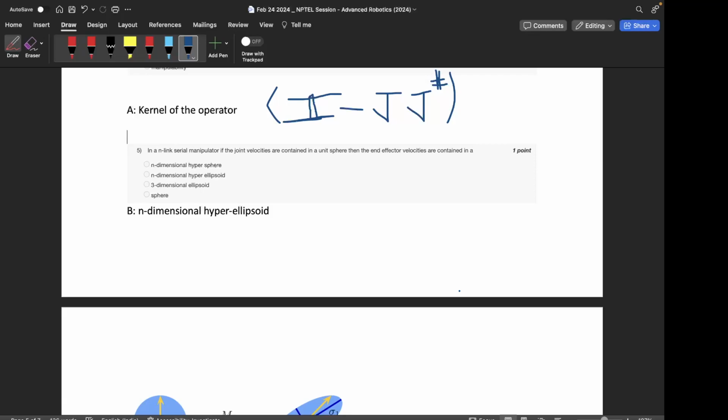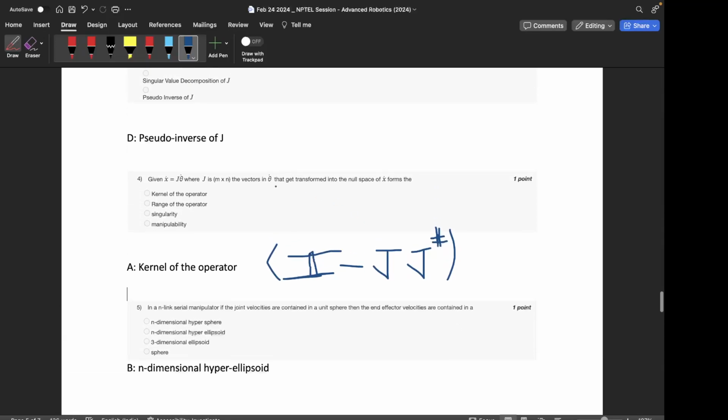So the relation remains the same, that x dot is equal to J theta dot. And as I have been mentioning repeatedly in this lecture, the J matrix is doing rotation and scaling of the theta dot space, right?